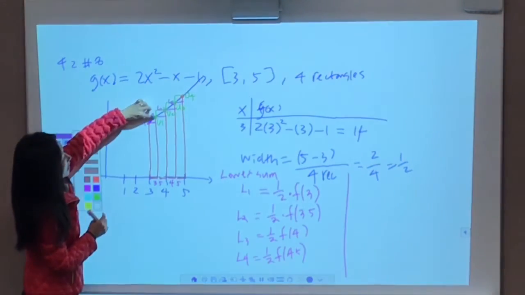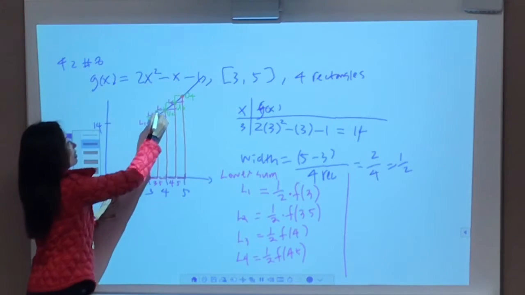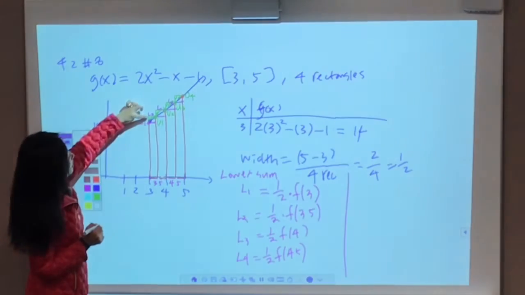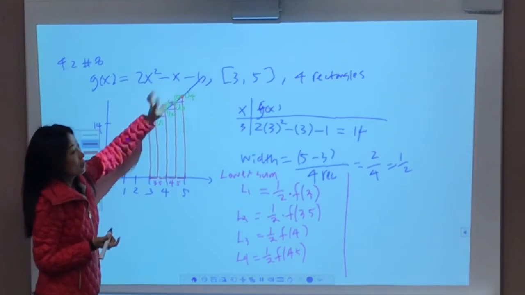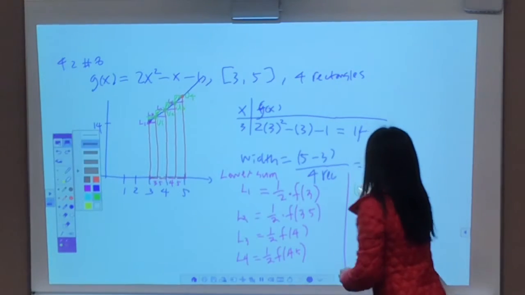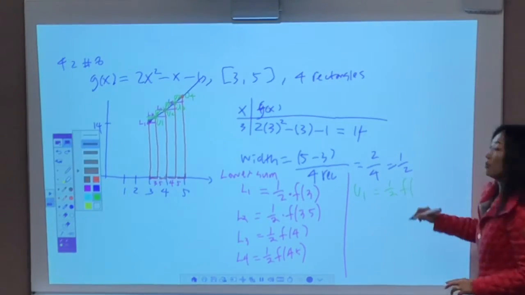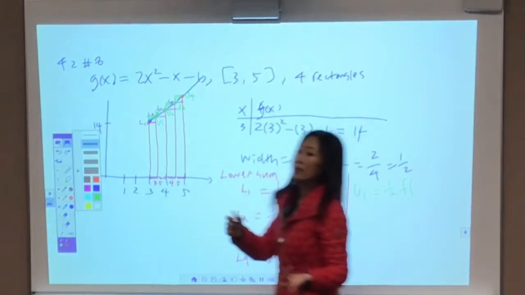Now I am using that as my height. So what happened now? My upper sum gives me more than the graph. In fact, how much more? This tiny corner is more than the graph. So my upper sum is still 1/2, but f of which number do you start with? 3.5. Is everybody with me?